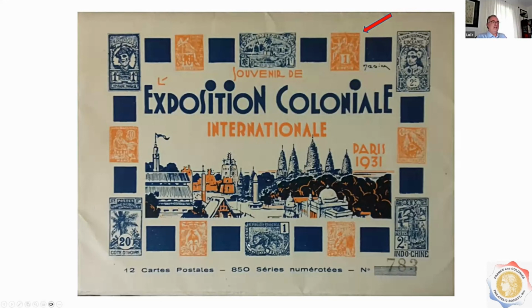So there is the design is pretty kind of like primitive art in a way, and very colorful, orange and blue mixed.